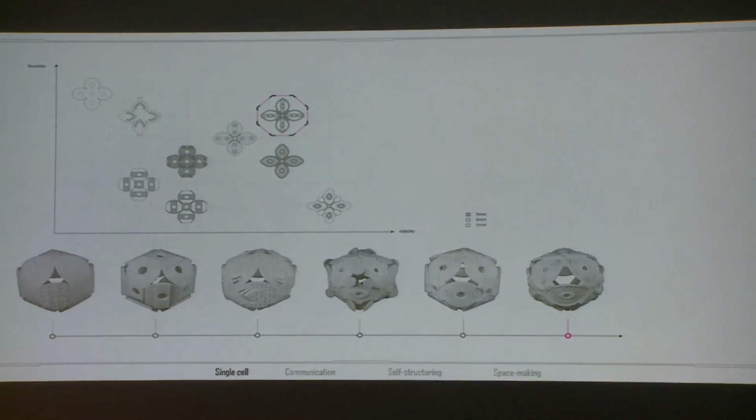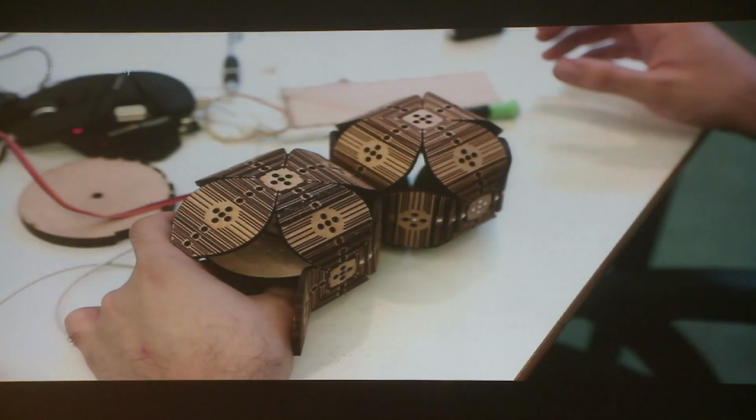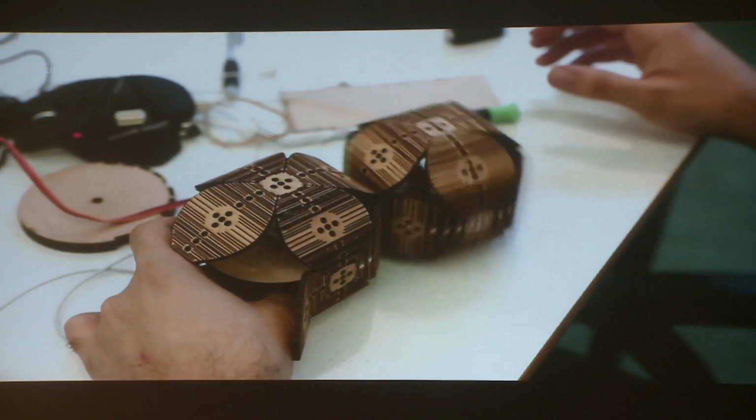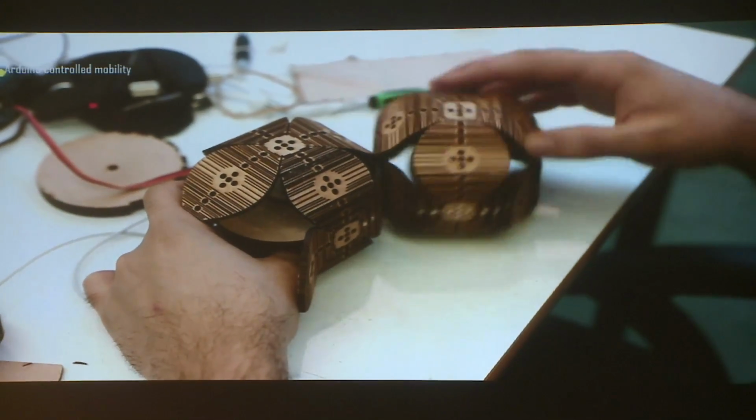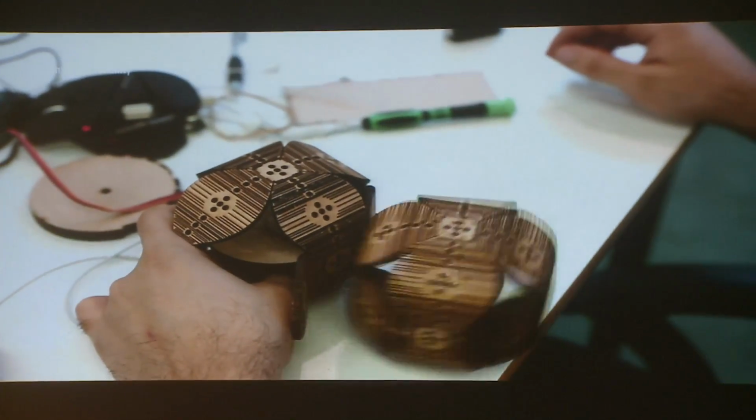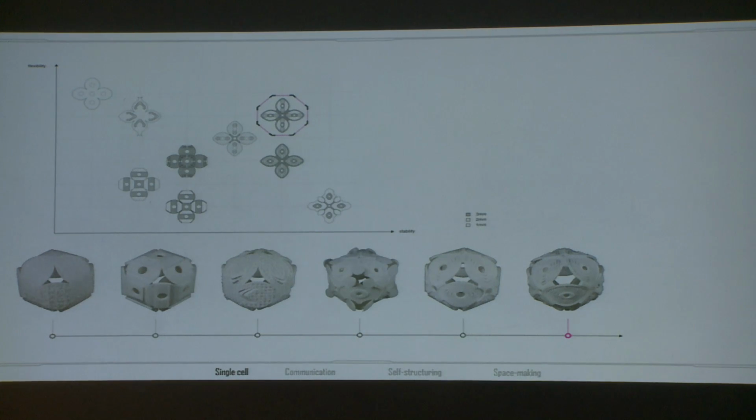The first prototype we developed shows the movement of the cell from one cell to another mechanically. After making lots of iterations with wood, we changed our fabrication technique to 3D printing, and we analyzed lots of different kinds of forms and shapes to get the best outcome for it to roll and climb.